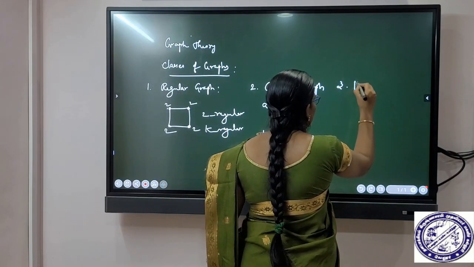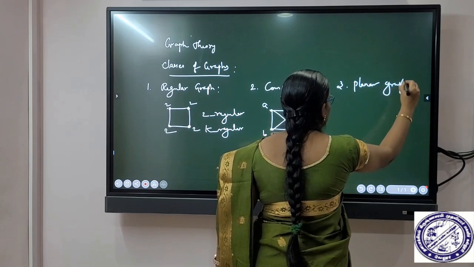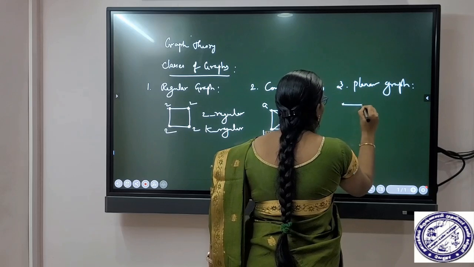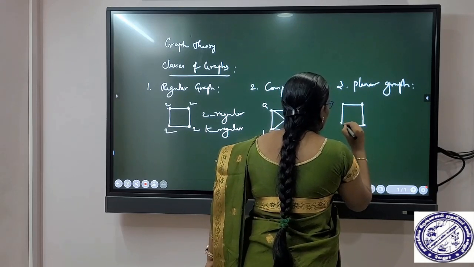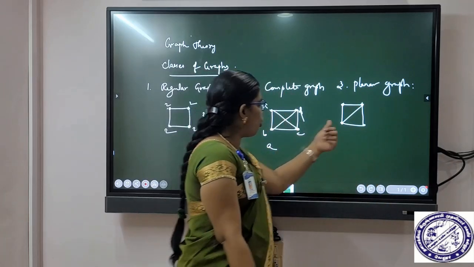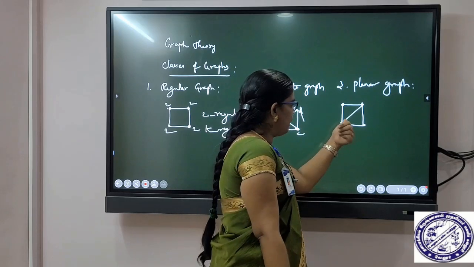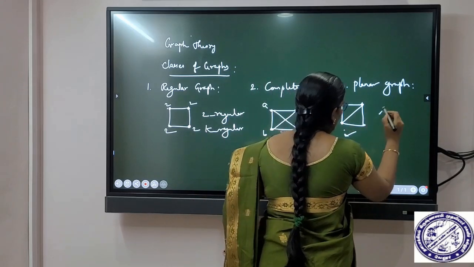Third one is planar graph. This is the example for a planar graph. In a planar graph, no two edges should intersect. This is a simple example for a planar graph.